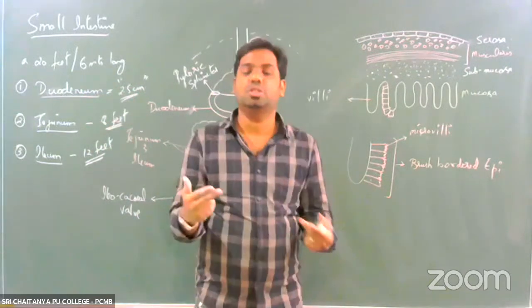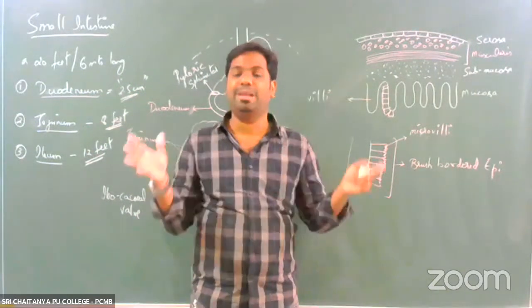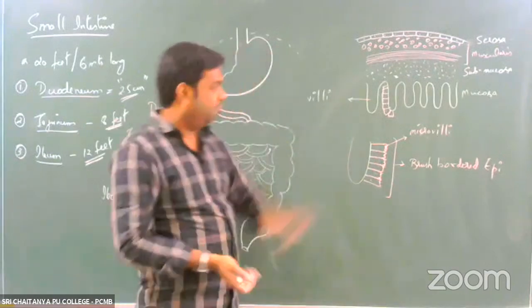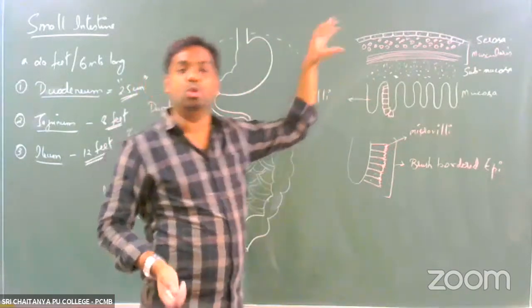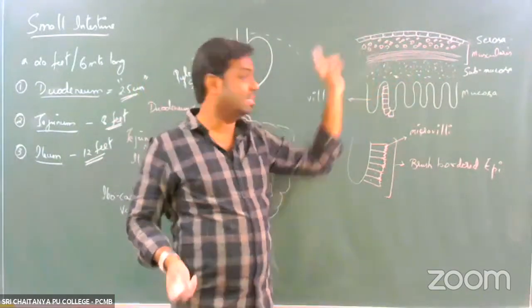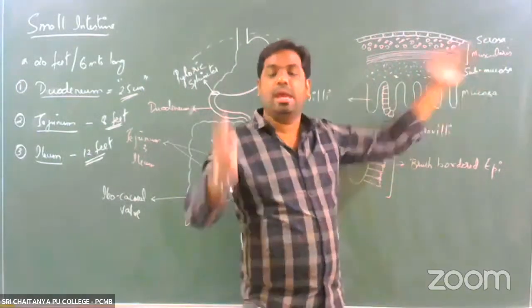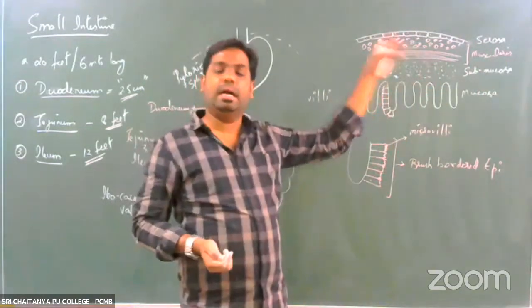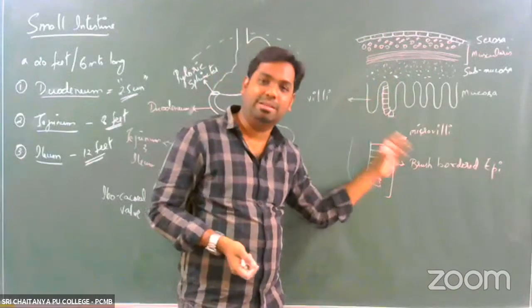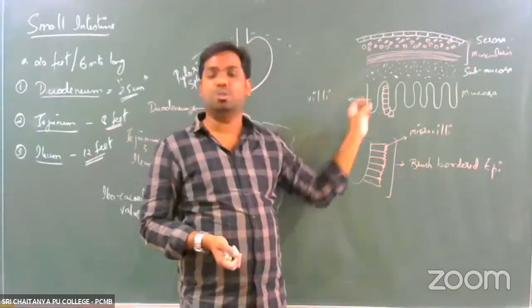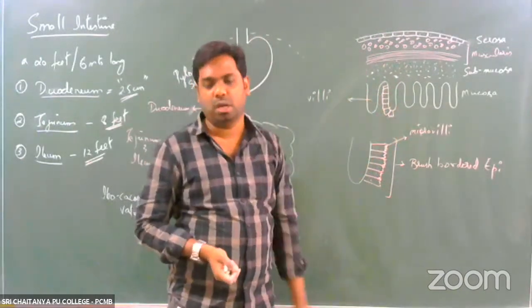If all the digested food has to be absorbed, the surface area should be large. As a result, the mucosa is thrown into folds, such that the entire surface area is increased. And not only that, on the villi there are these brush bordered epithelial cells, which again increase the surface area for absorption.